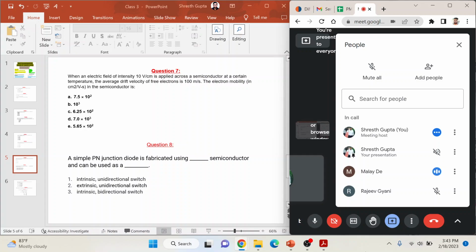That's why I think intrinsic. Okay, but here we are talking about current. Current will flow in one direction in a normal PN junction. Okay, your concept is right, but let's see. But here we are talking about diode. Just remember it.